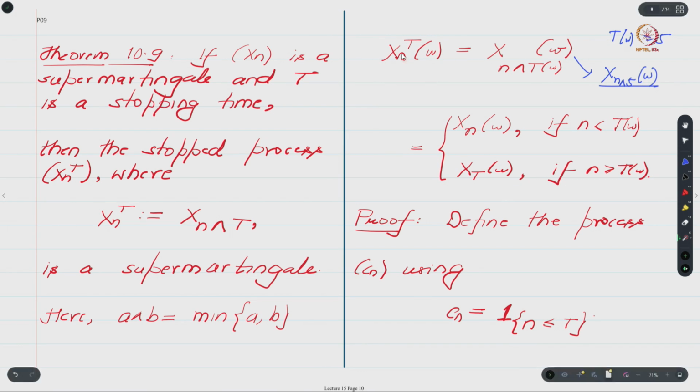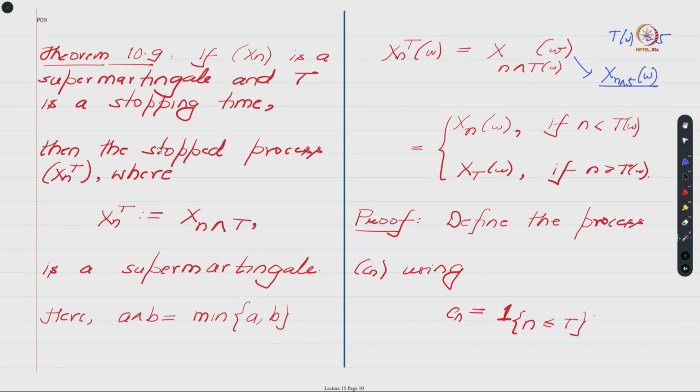Even if you keep increasing n beyond 5, 6, 7, 8, whatever you want, the value of this will stay at X5 of omega. So you can see that for all large enough n, the value of this process will be X_T of omega, and that is why we refer to this process as a stopped process.